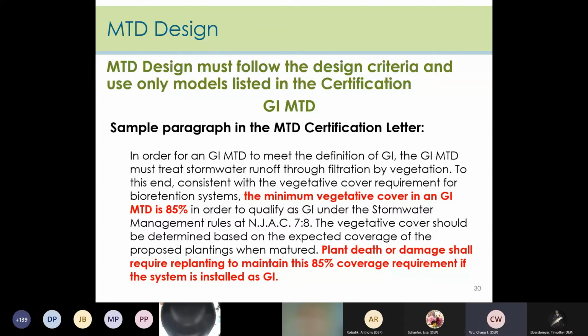So maintenance is very important for the GI MTD. If the plant damage is greater than 50%, you have to maintain the coverage at least 85% in order to continue to qualify for the assigned TSS removal.